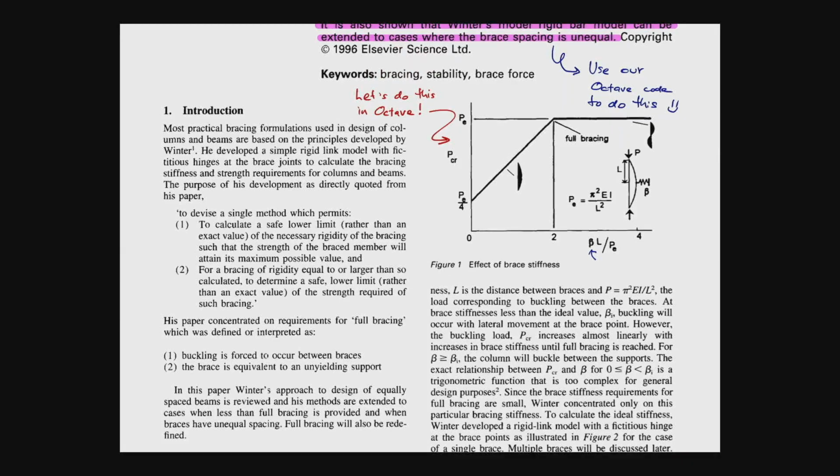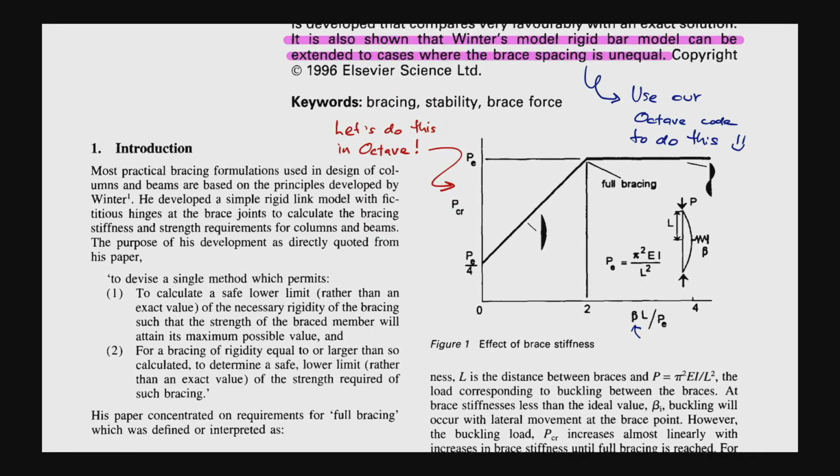Something like this can be done as well, and here you can just use the code. The horizontal axis is the brace stiffness, and the vertical axis is the critical buckling load. So if you keep increasing the brace stiffness until you reach the critical buckling load and plot, as we did, I think you have seen that I put some brace stiffness, I get some force, but I just didn't plot it out formally.